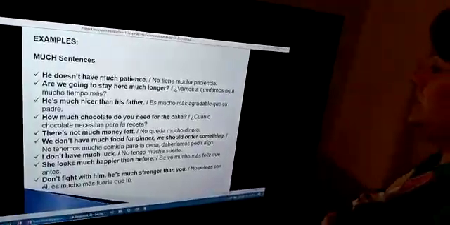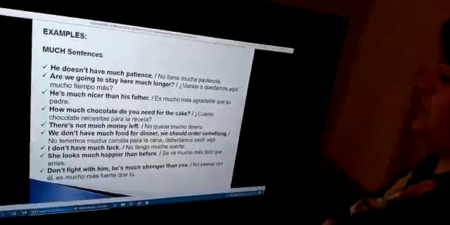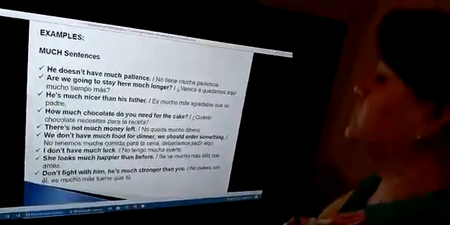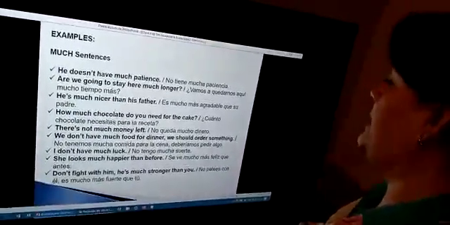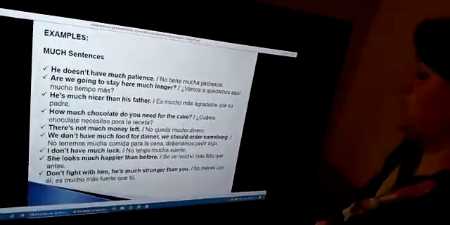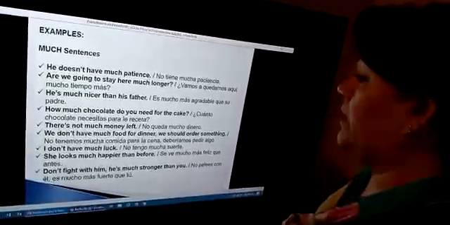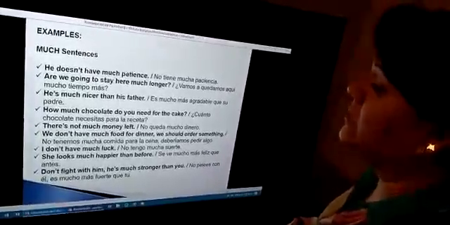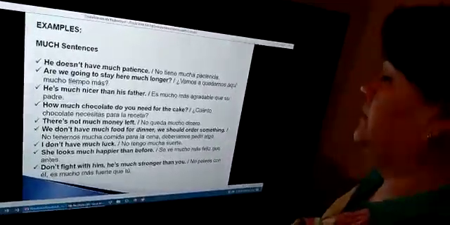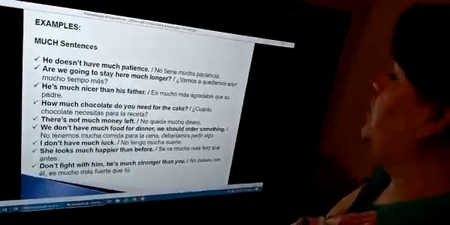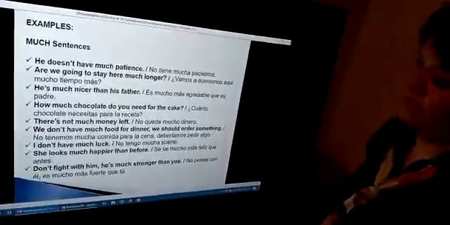We should order something. En Spanish say, no tenemos mucha comida para la cena. Deberíamos pedir algo. Okay? The next say, I don't have much luck. En Spanish say, no tengo mucha suerte.